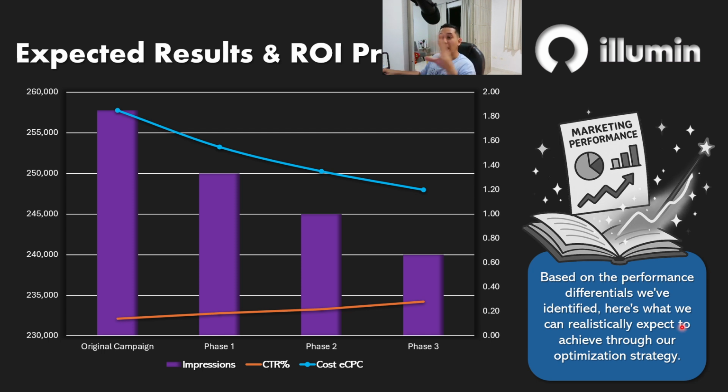So now combining all of these changes, here's what we expect by the end of phase 3. You can see it here: a substantial decrease of the cost and a significant increase of the click-through rate, meaning that by the end of phase 3, we are going to have a 35 to 45% efficiency potential.